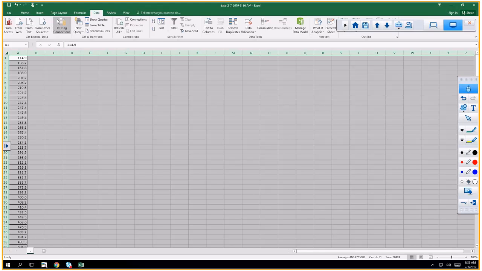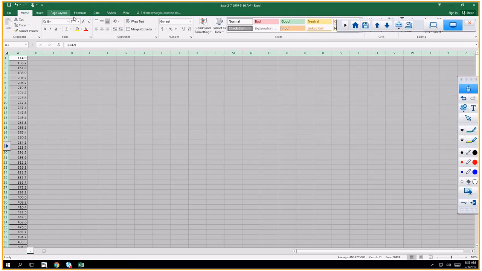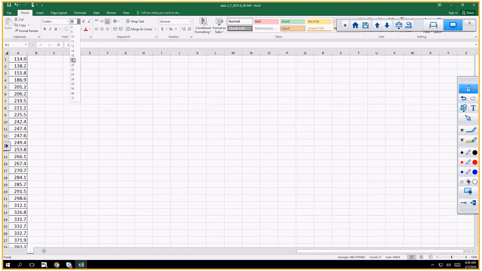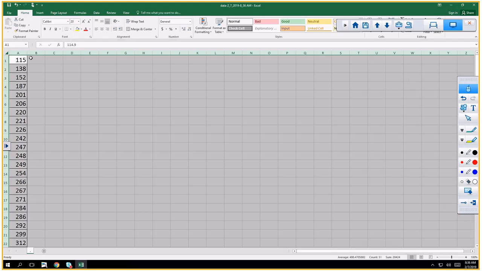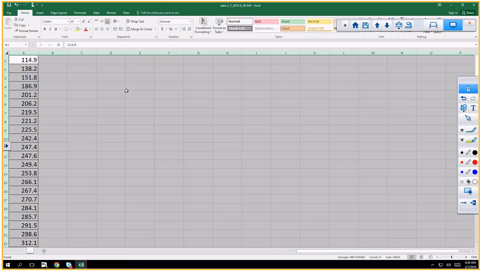This is just for your information and for your homework. So let me make it, there you go. And let me open it up a little bit. Okay, so if you want to write those down, write them down. I'll move it up after you get to number 22. So write those down, 114.9, 138.2. Can everybody see them?